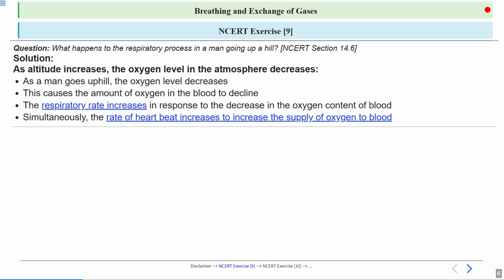Once the heartbeat increases, the normal amount of oxygen reaches the body parts. But what about the lungs? How do you compensate there? By increasing the rate of breathing. So two things happen: one is the rate of respiration increases, and second, the rate of heartbeat increases. In this way we can compensate.